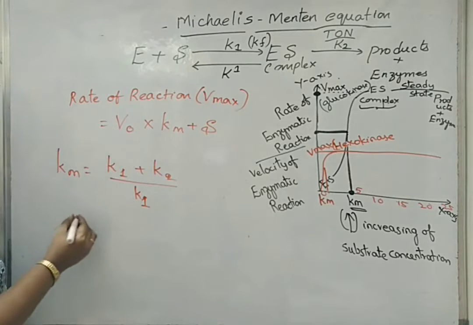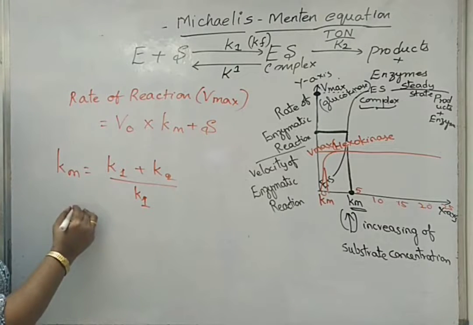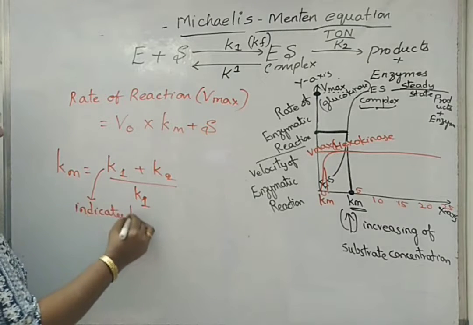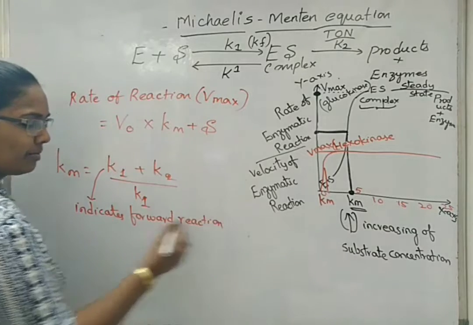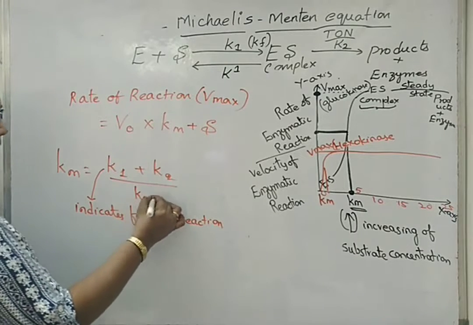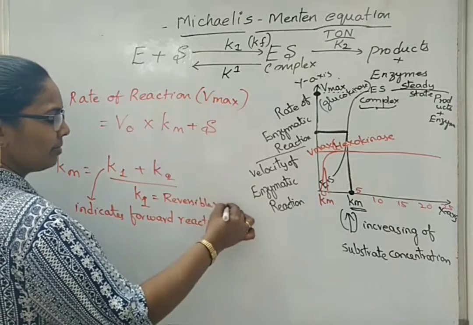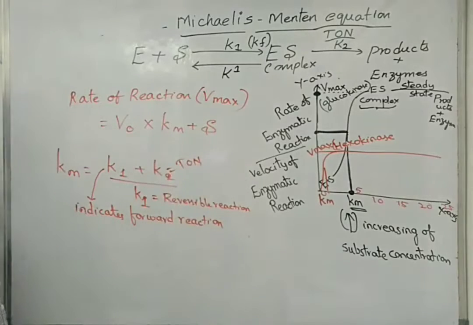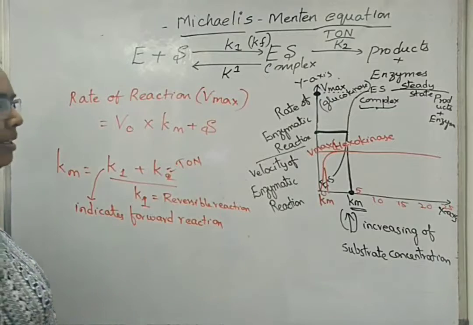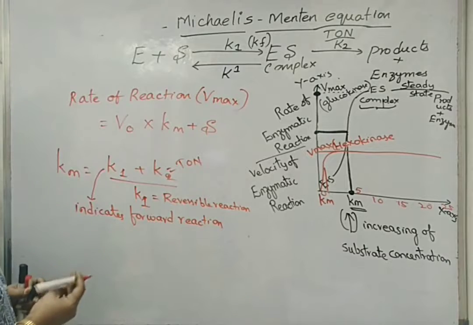So here in the equation, this K1 indicates forward reaction and this indicates reversible reaction. This indicates turnover number. This is just the simple point regarding Michaelis Menten equations and all those.